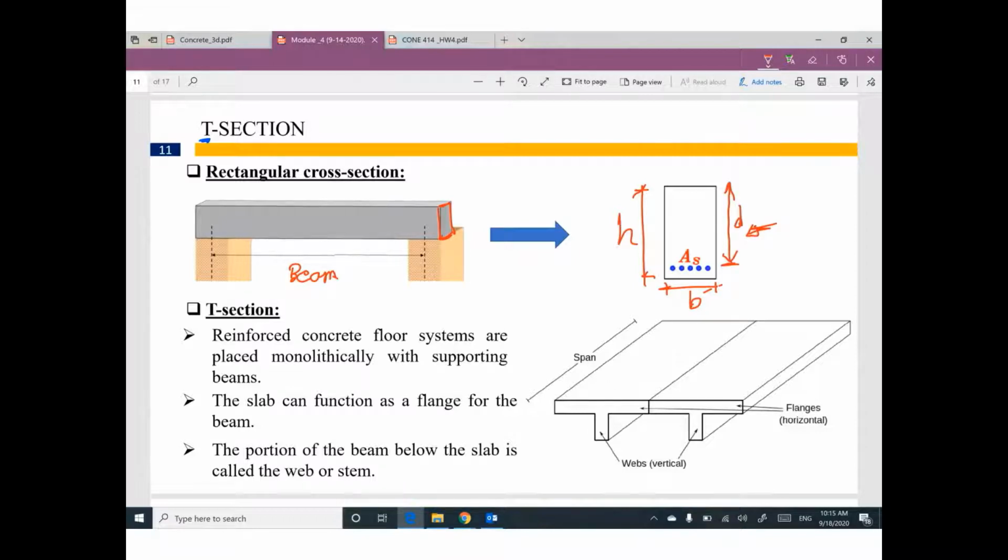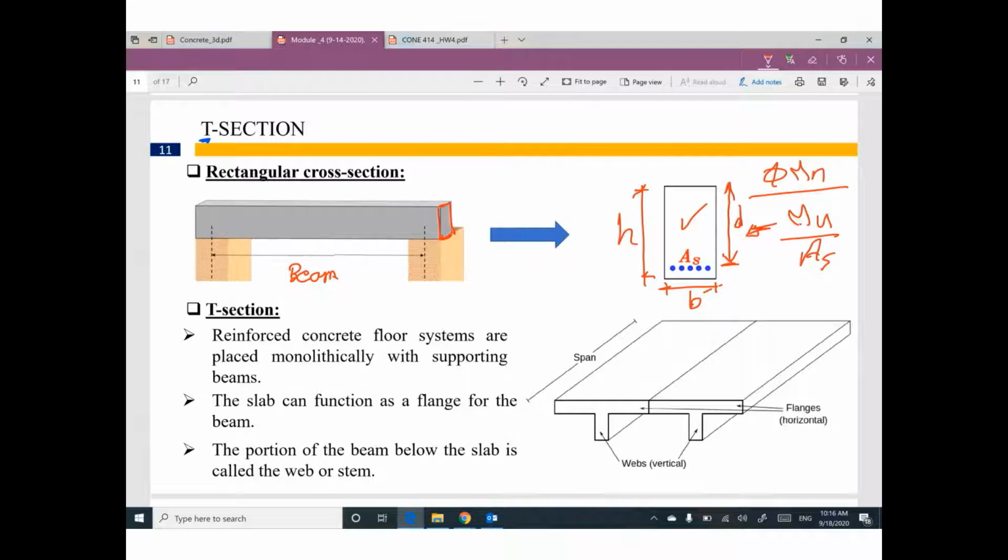We learned how to calculate everything for this cross section. If area steel is given, I can figure out the design moment. If M ultimate is given, I can figure out the required area steel. So we have two situations. We covered all of this stuff.